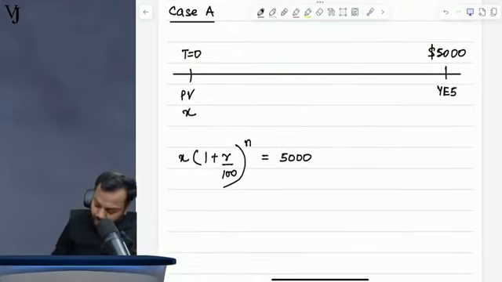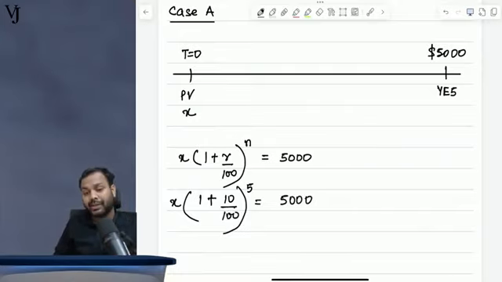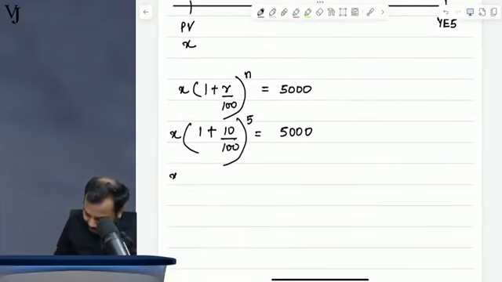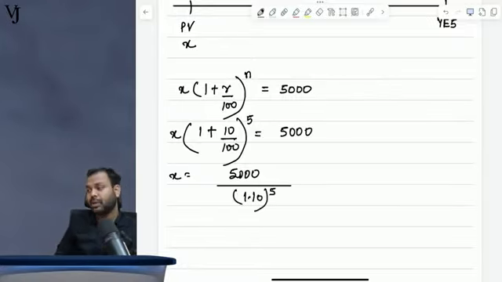So X times (1 plus 10 by 100) to the power 5 is equal to 5,000. Can I say X is equal to 5,000 divided by 1.10 to the power 5?